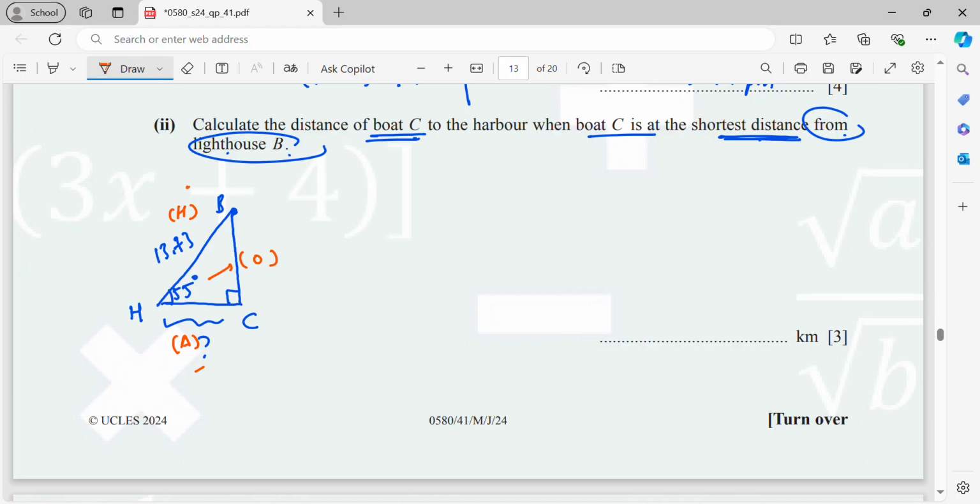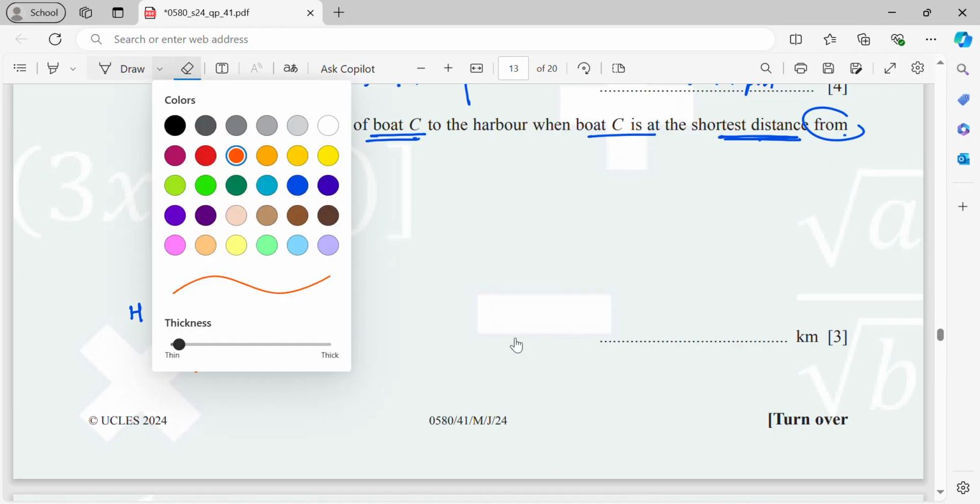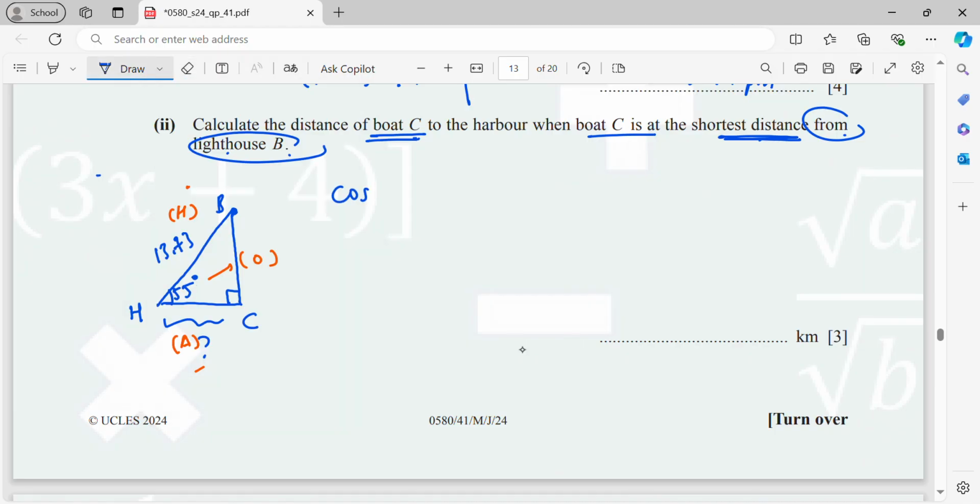Adjacent and hypotenuse, that is cos. So I will write cos 55 degrees equals HC over HB.